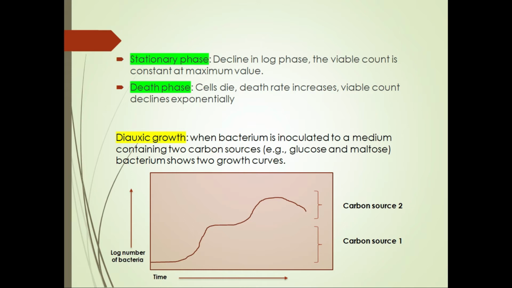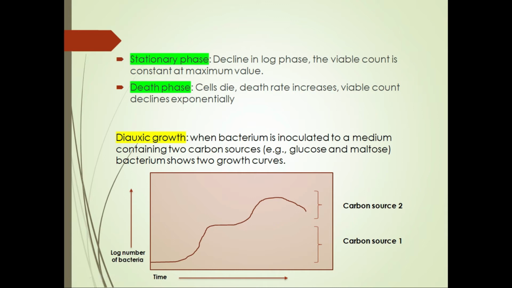And then maltose, lactose, these are some other carbon sources which come in second preference for bacteria. So when there is glucose and maltose, then glucose will be taken up first. So we'll see one S-shaped curve with glucose. Then there will be no death phase here.